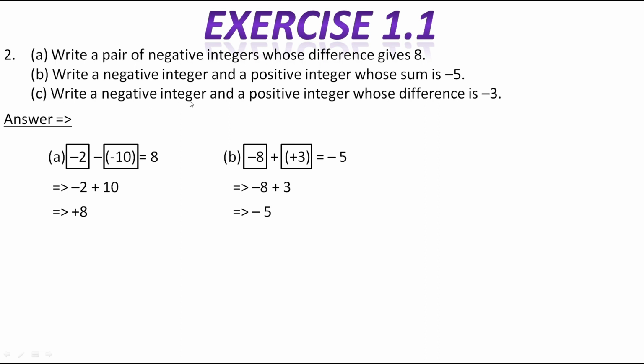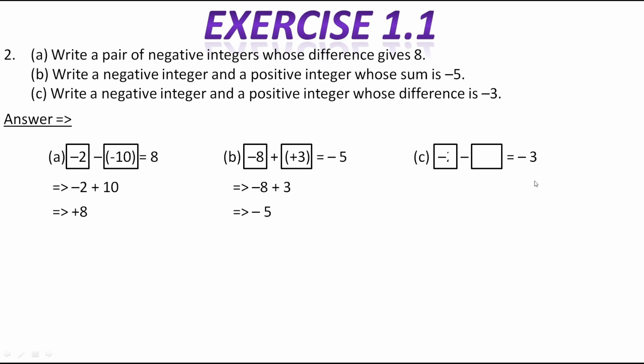Now write a negative integer and a positive integer whose difference is minus 3. One negative integer and one positive integer should be there, and if we find the difference of that, we should get the answer as minus 3. Here we have to take the bigger number with a negative sign, so that the answer will have a negative sign.